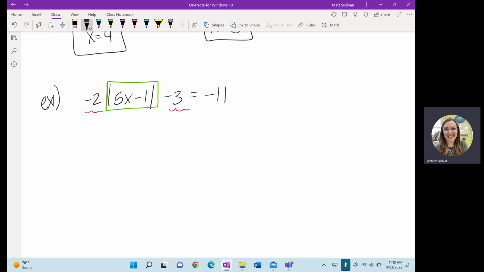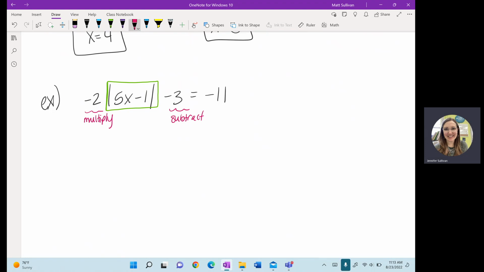Now, when you read this, how would you read this out loud? We would say -2 times the absolute value of 5x minus 1 minus 3 equals -11. So I have a multiply happening with the -2, and I have a subtract with my 3.